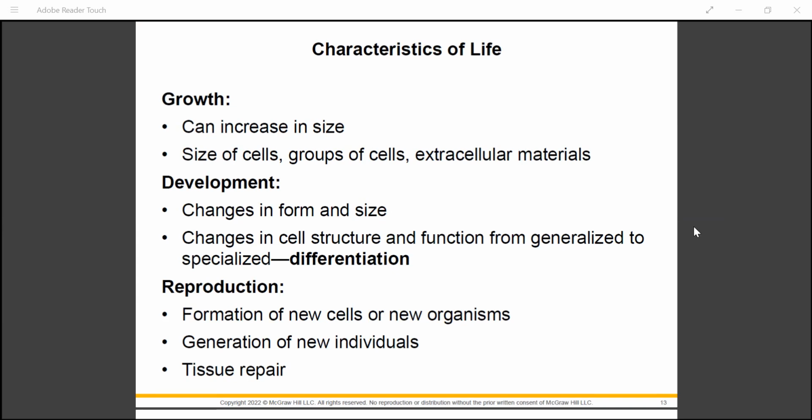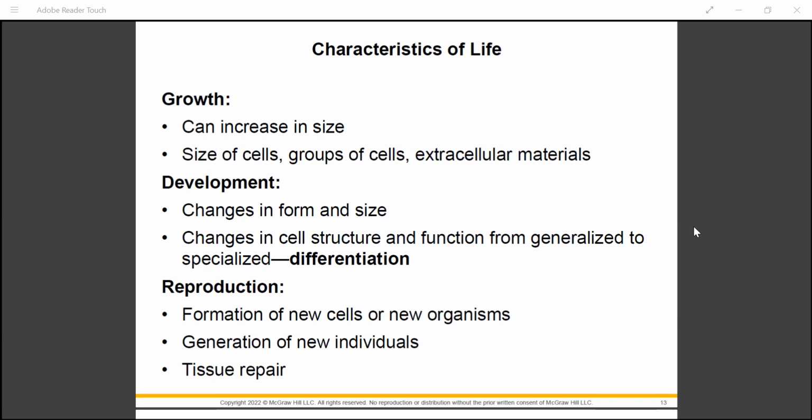Number 5 is development, and this has 2 parts to it. We have changes in both form and changes in size. What sets development apart from growth is that it's a change in form and this concept of differentiation.